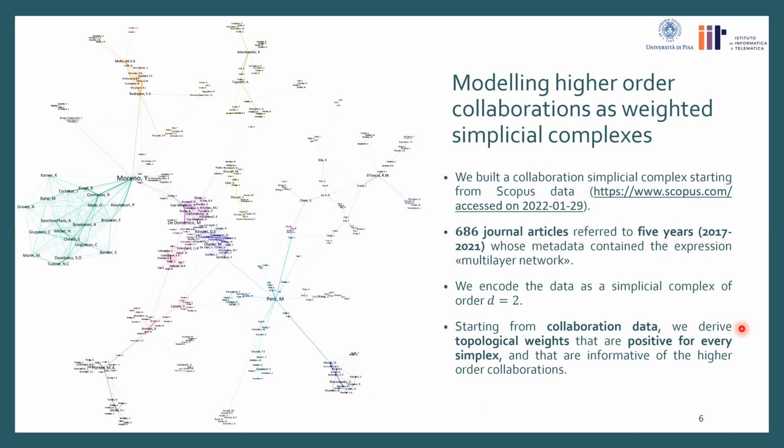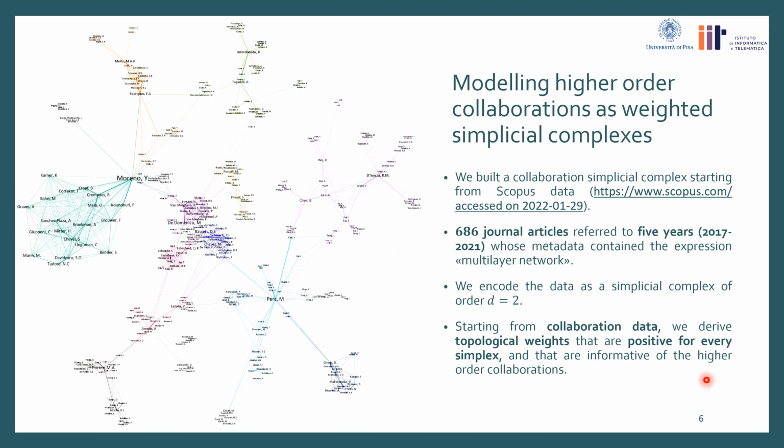Now, to show you a possible use and a nice application of this weight assignment process, I'll talk to you about how to exploit the simplicial complex representation, and in particular the weighted simplicial complex representation, to model higher order collaborations in the field of network science.